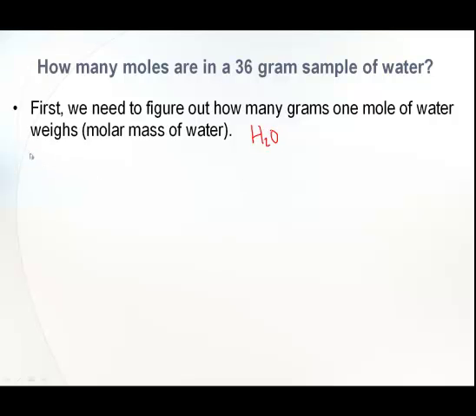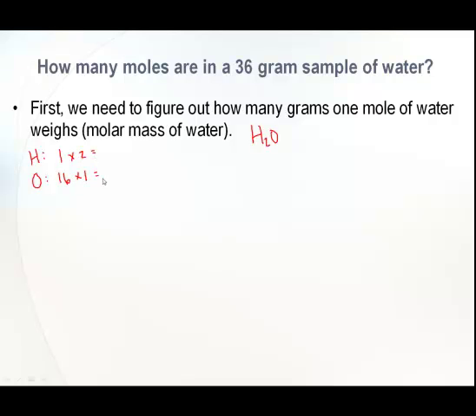So, hydrogen, if I look on the table of elements, that's atomic number 1. It weighs 1.008 grams. I'm going to go ahead and just call that 1, okay? We also have oxygen. Oxygen weighs 15.999 grams per mole if you look on the table of elements, but I'm also going to round that off to 16. So, in our water molecule, we have H2O, so that means there's 2 hydrogens and there's 1 oxygen.